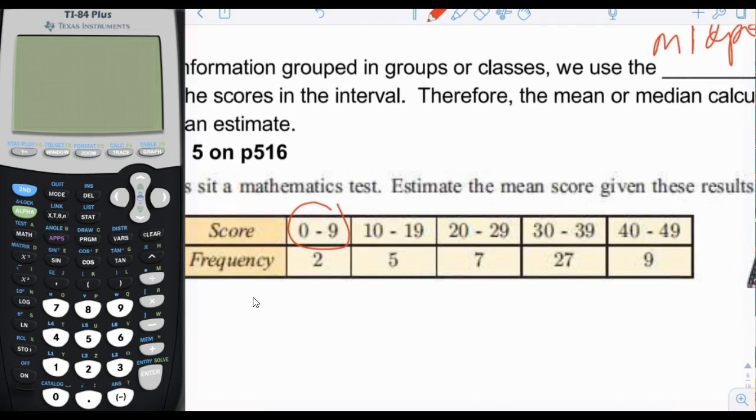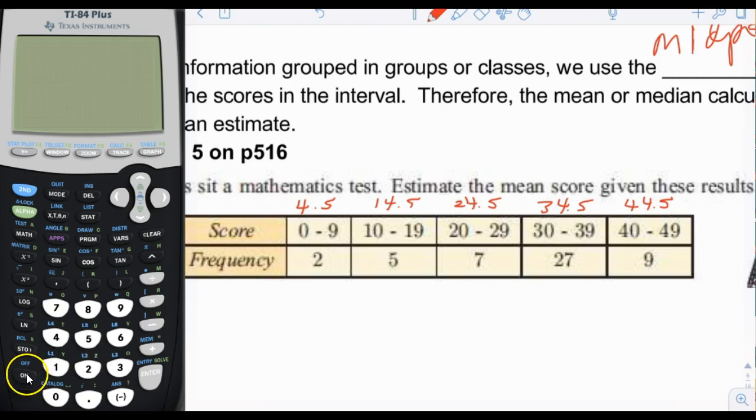So the midpoint of 0 and 9 is going to be 4.5. The midpoint of 10 and 19 is 14.5. 20 and 29 would be 24.5, then 34.5, and 44.5. All I did was average 40 and 49, for example: add them together, divide by 2.